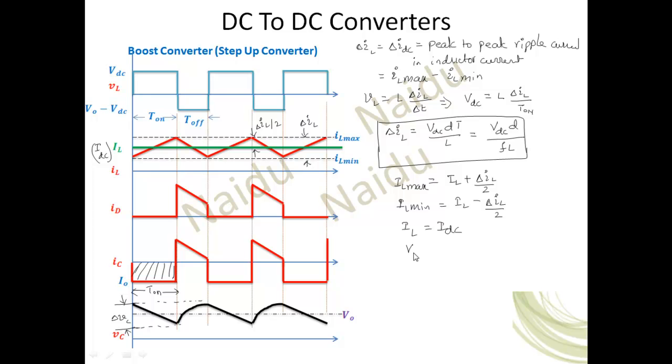So V average is nothing but VDC divided by 1 minus D, same as what we discussed in case of step up chopper. Okay, same as that. So no difference. If you want to calculate, you can take the area under this curve divided by time period equal to 0, then you will get the same equation.